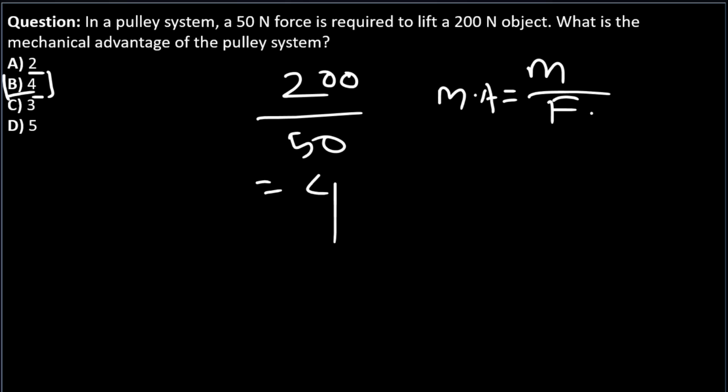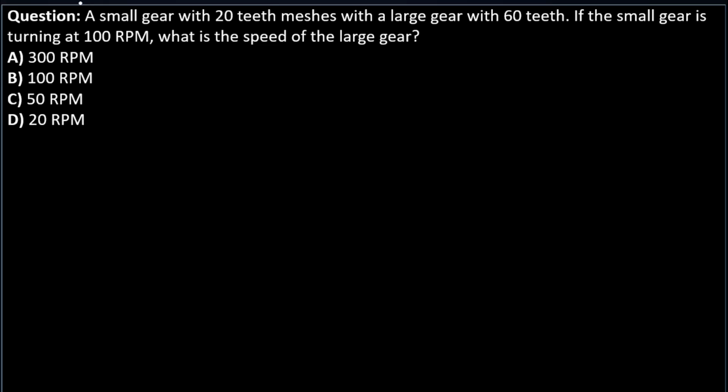Now come to another problem. A small gear with 20 teeth meshes with a large gear with 60 teeth. If the small gear is turning at 100 rpm, what is the speed of the larger gear?